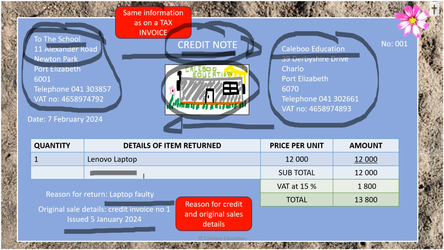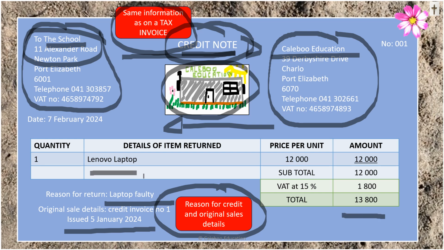And in red here, it says what's required to be on this document for it to be accepted by Revenue Services. And there's the total of the credit, 13,800.